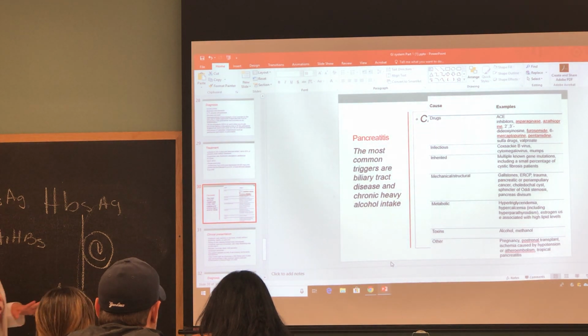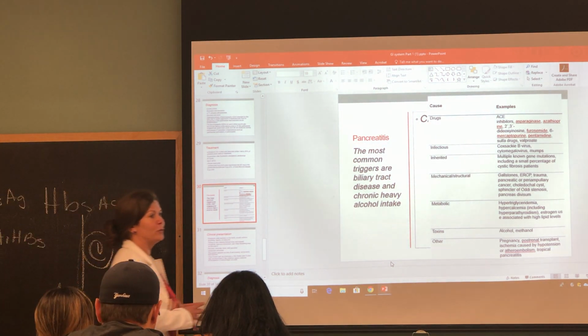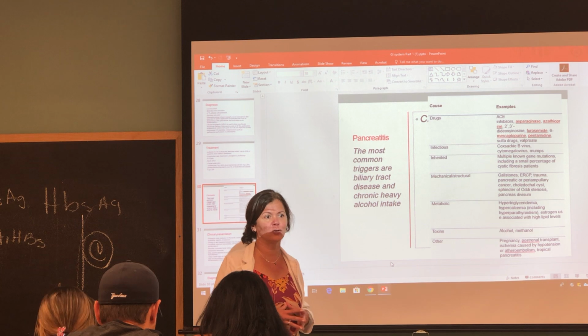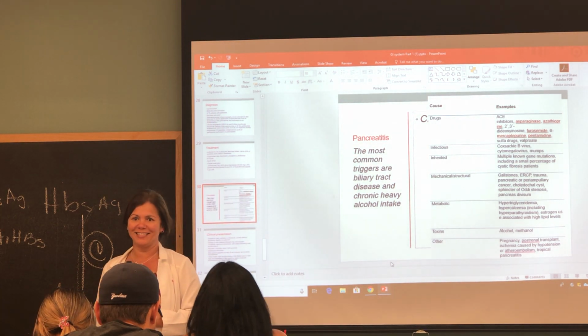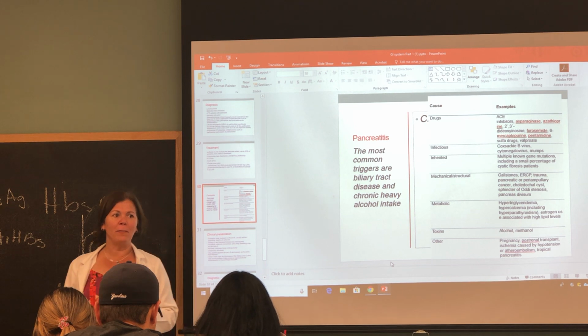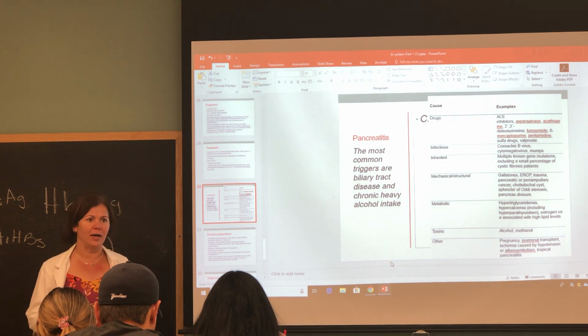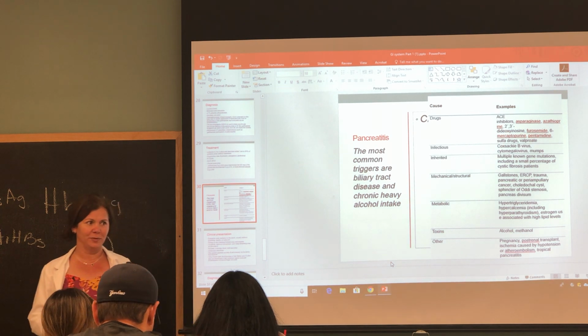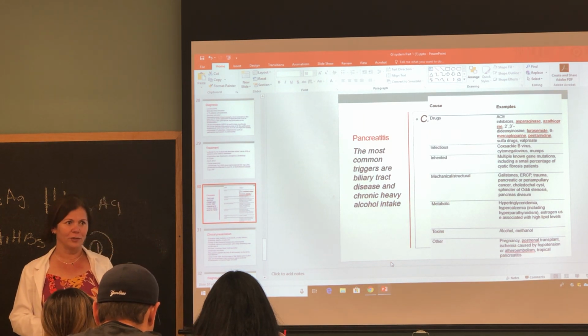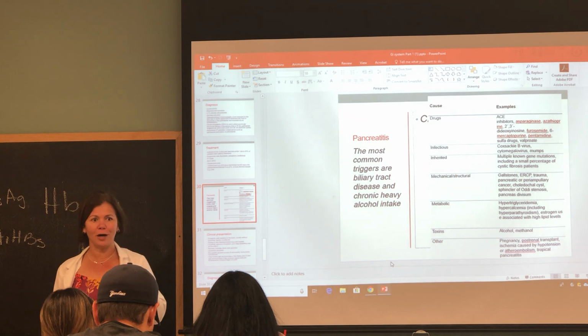So pancreatitis, let me tell you, the most common risk factor for pancreatitis is cholelithiasis. So remember that the gallbladder has a connection to the pancreas and to the duodenum, as well as the liver. So the liver has multiple ducts, right?